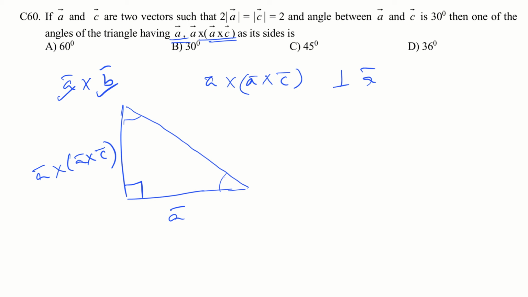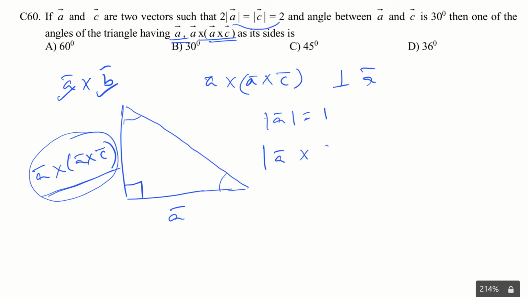Now what we do is, let us look at its length. Observe that from the given information, I have mod a bar is equal to 1. Now I am going for mod of a bar cross c bar. Now I am just applying the definition of cross product of these two.